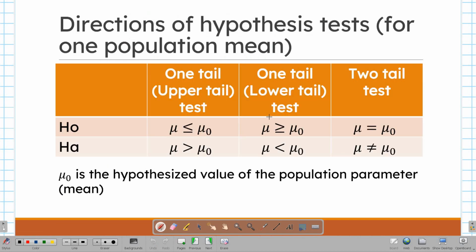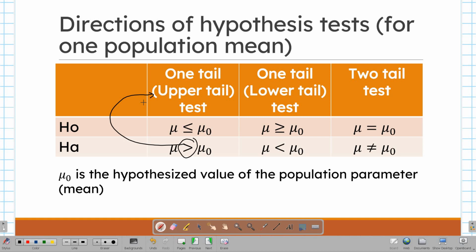Now, we have three different directions when we talk about the directions of a hypothesis test. We have one tail upper tail, one tail lower tail, and a two-tail test. So, this would actually depend on the symbol of the alternative hypothesis or HA. Take note, if the alternative hypothesis is greater than, then the direction is one tail upper tail.